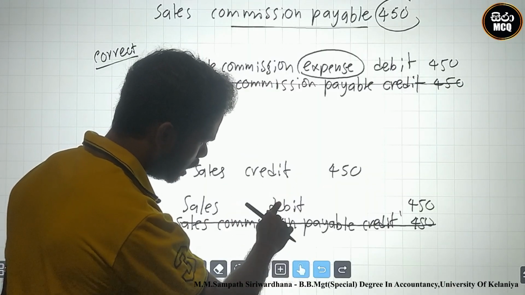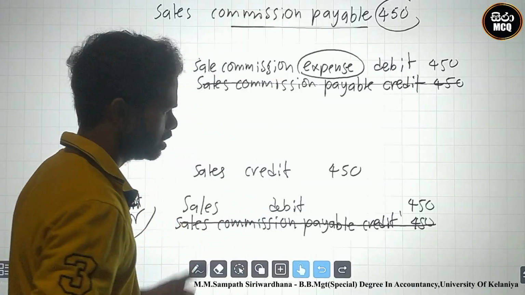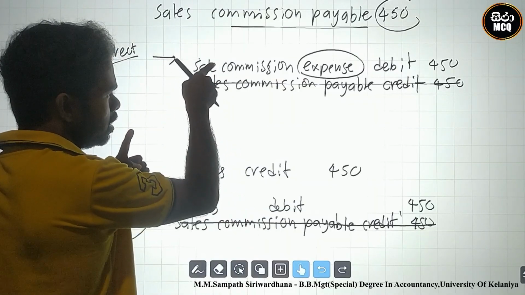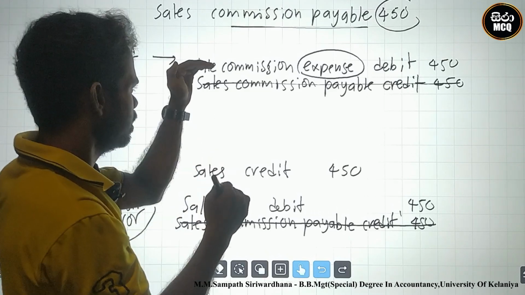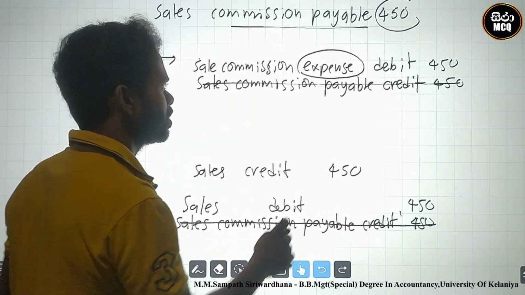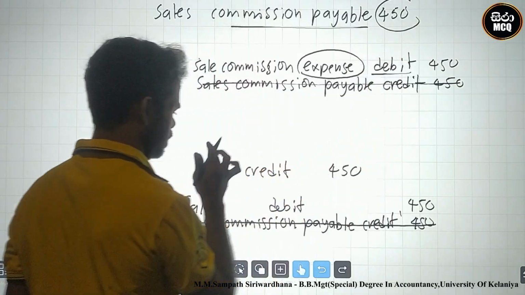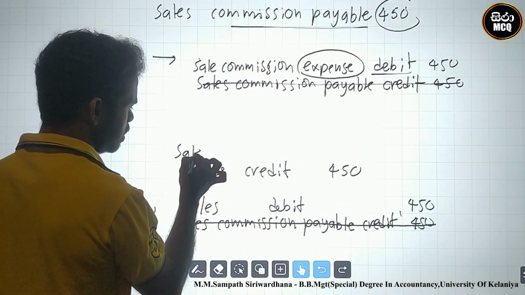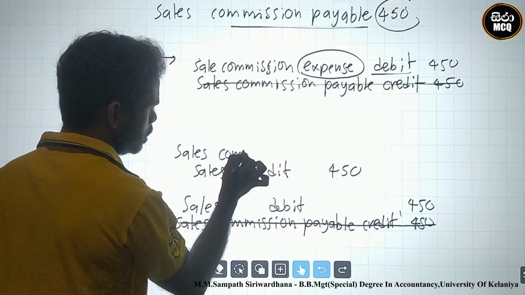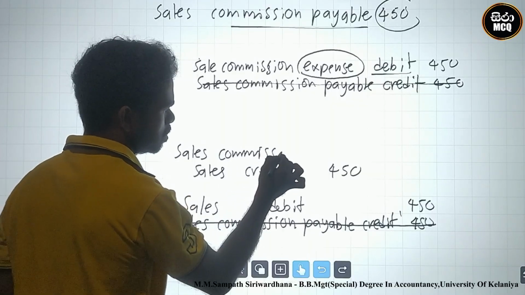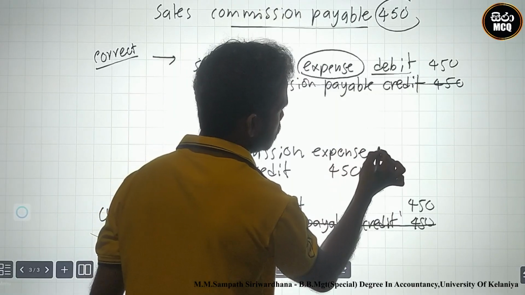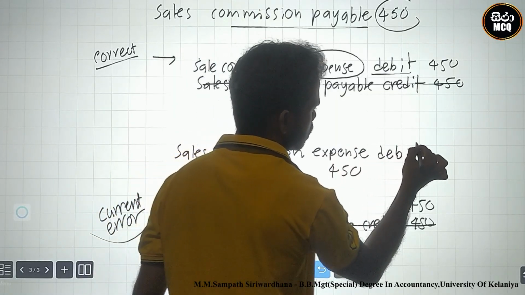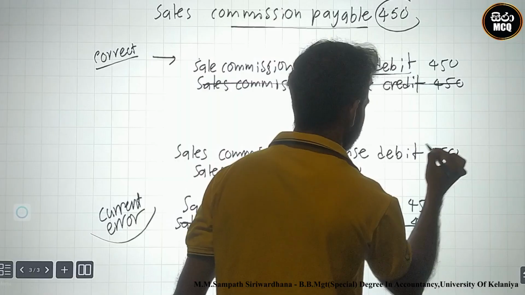Opposite side means if debit, the opposite is credit. Sales credit. This is the correct side. We use the correct side: sales commission expense debit. This is the debit short. Normally, sales commission expense debit 450.